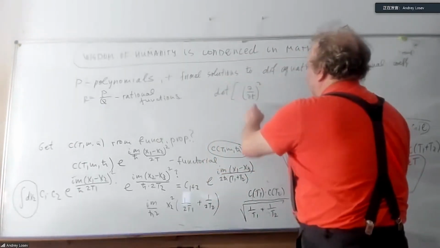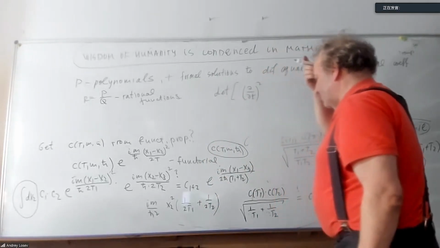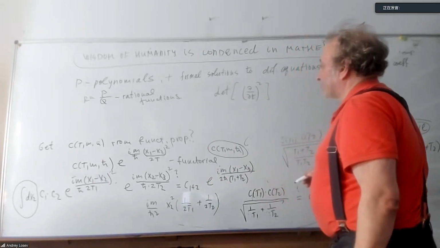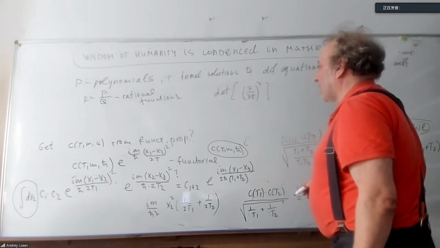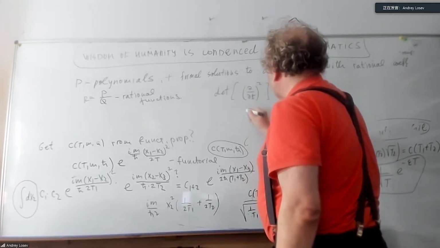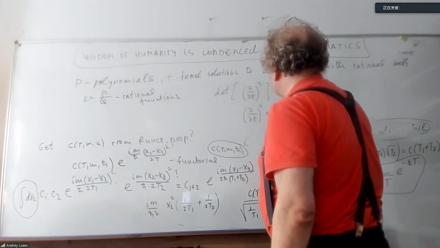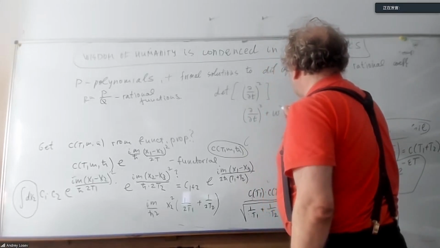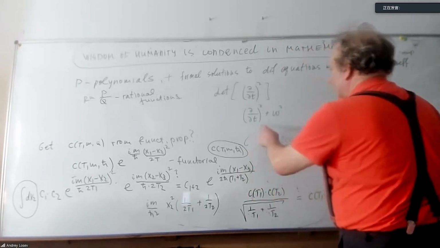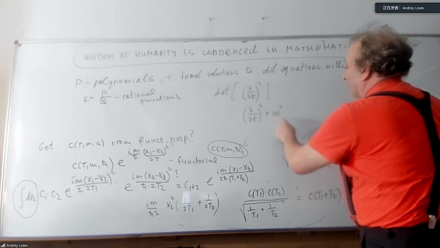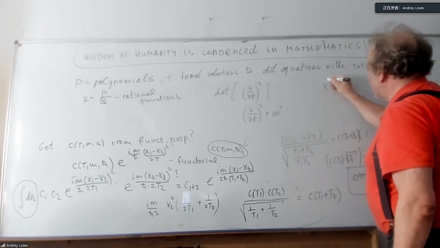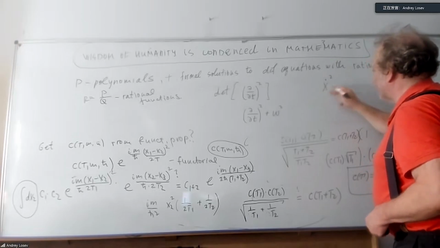So we want to understand this, right? Let me try to understand another thing. You see, I put here omega squared. Why do I call this omega squared? Because if I have x dot squared, it's a free particle.